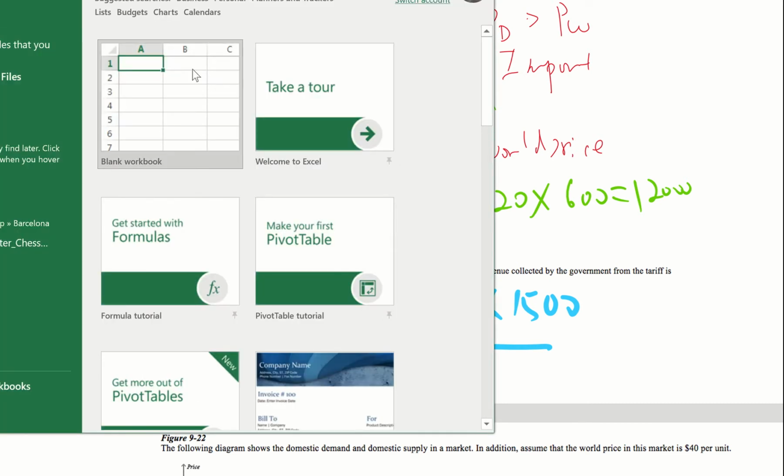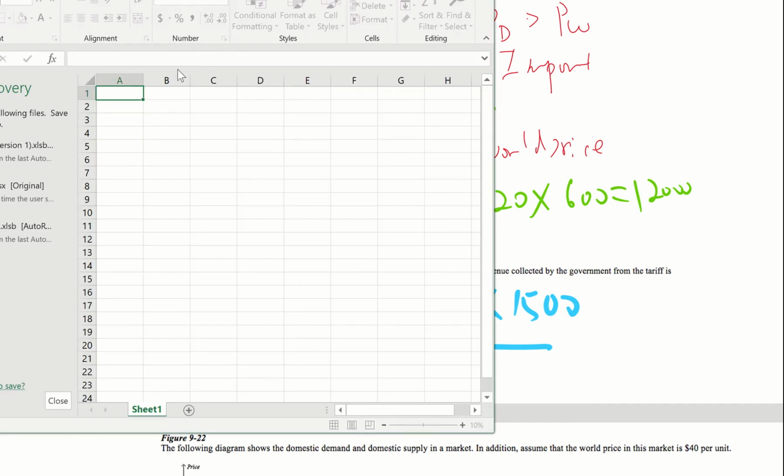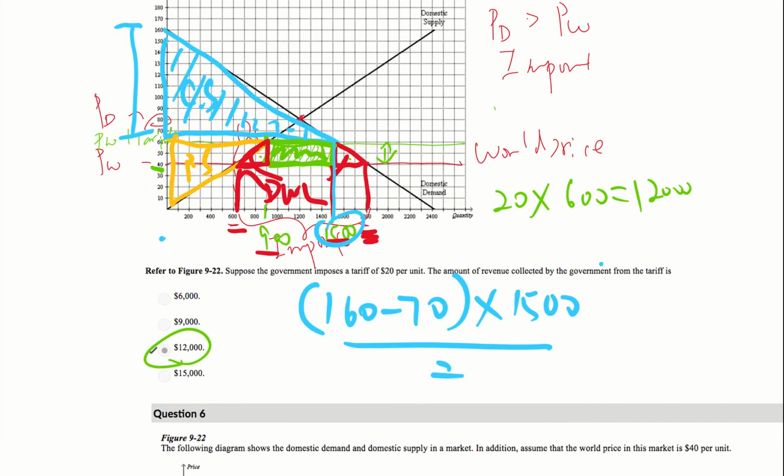So we're doing 160 minus 70, that's 90, and then 90 times 1500 divided by 2 because it's a triangle, so 67,500.